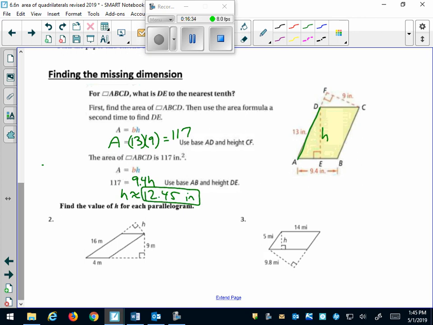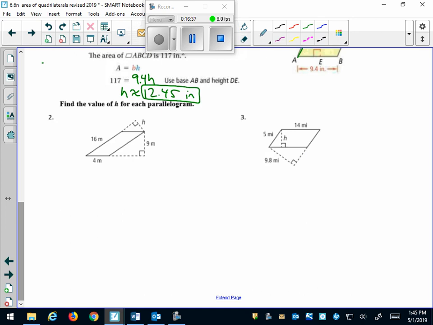All right, so we're going to do the same thing here. Base times height equals base times height. Remember, base is the length of one of the sides, so we're going to put the two sides in for bases. What are the two sides? What are my two bases, in other words? 4 and 16. Right? Those are the two bases, because the bases are the lengths of the sides.